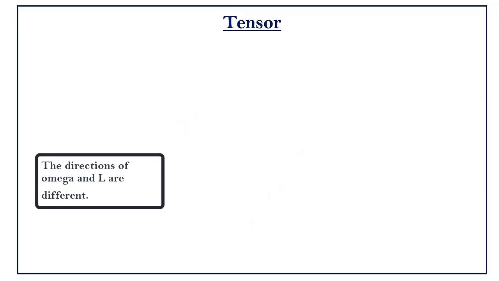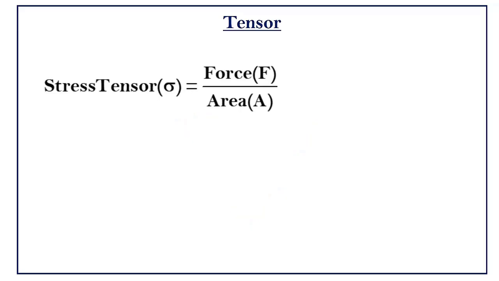Now look into the stress tensor, which is expressed by sigma equal to F by A. It is made of two vector quantities just like the inertia tensor. One is the force and the other is the area. You know that force is a vector quantity, and now let me show that area is also a vector quantity.